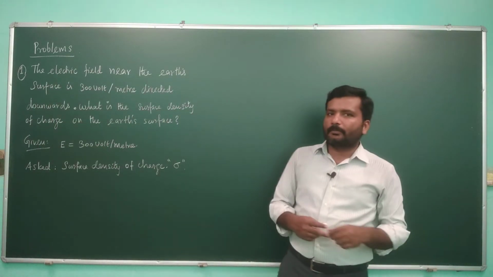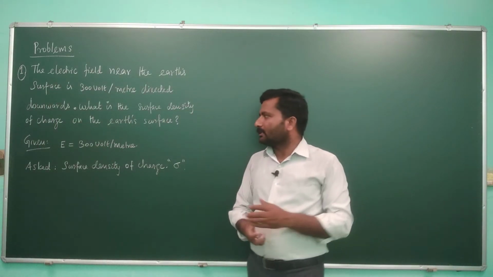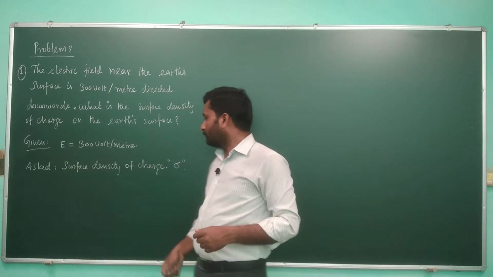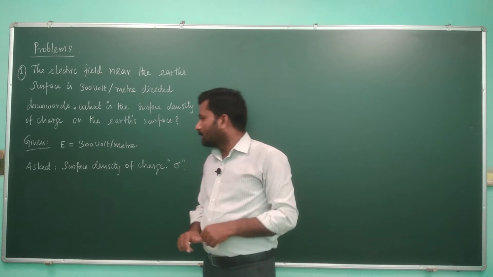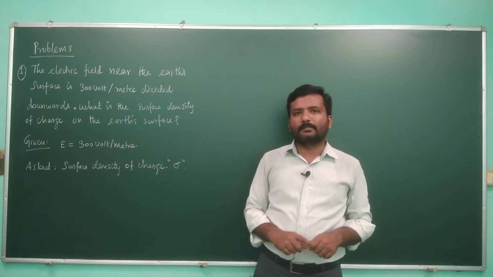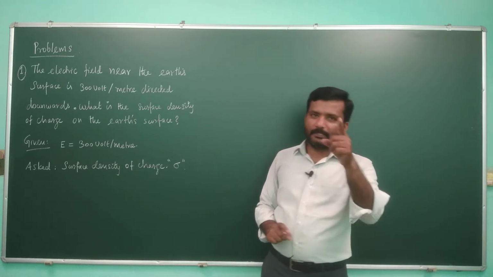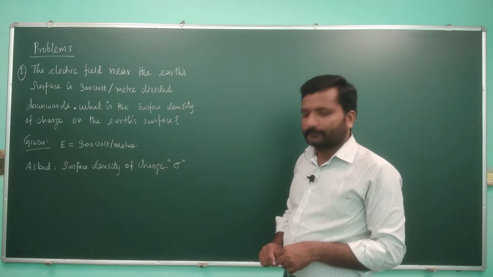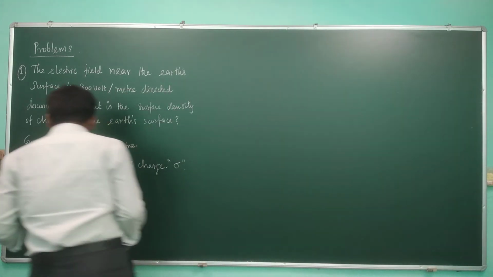By scratching your memory, what is the concept that relates electric field E and surface density of charge sigma? Yes, what you have been thinking is correct: Coulomb's theorem. What does Coulomb's theorem tell?